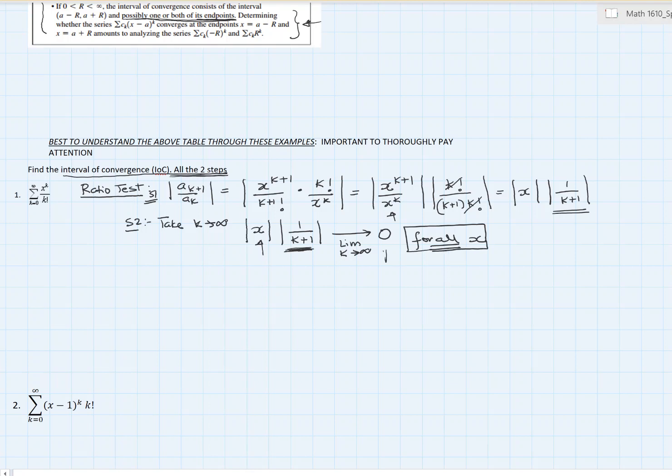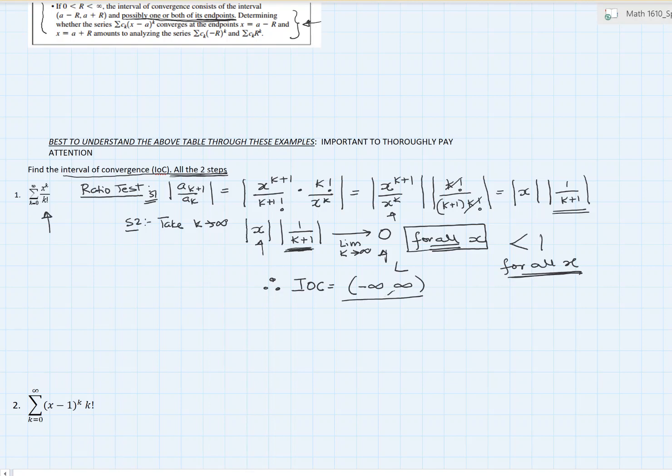And this is my L, and this is less than 1 for all x. The reason I'm repeating this for all x is that it means my interval of convergence in this case is minus infinity to infinity. In other words, this power series converges for all values of x.